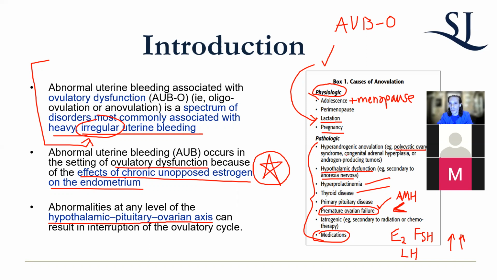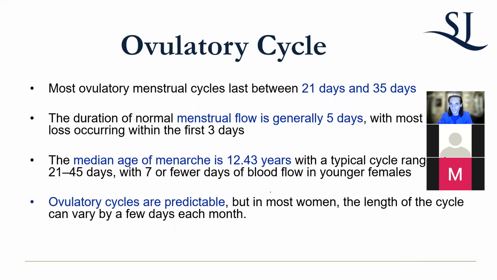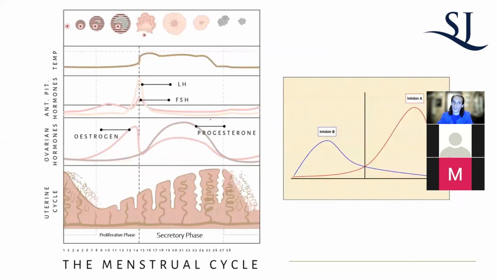Things like PCOS, polycystic ovarian syndrome, and other more endocrine-specific ones like congenital adrenal hyperplasia, all of this can cause a disruption of your HPO axis and as such AUB-O. Okay. This is something really important to know. So I'll review the menstrual cycle again.